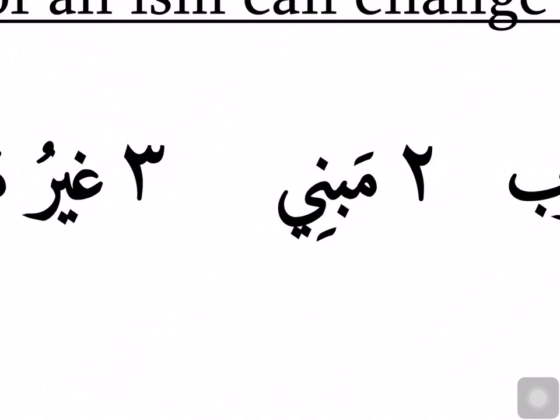So the first thing I want to remember is every noun, as I said, has the property of status. It will be playing a role, so it will either be raf or nasb or jar. This mabni ism is just not showing me its status. It has a status, but it's not showing it. So its ending remains the same no matter what.